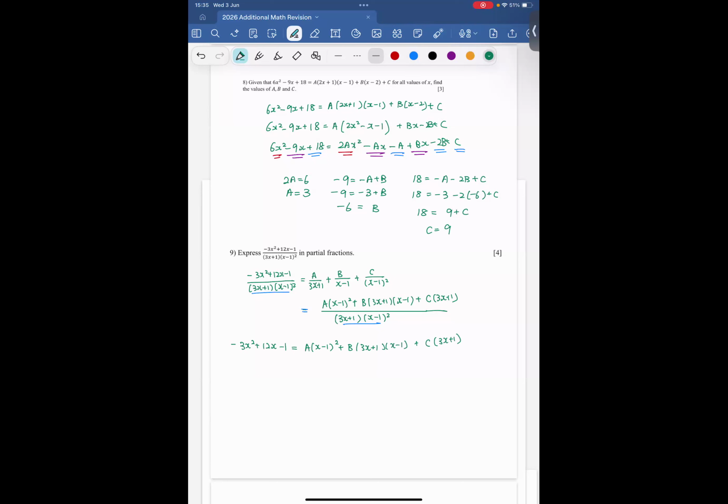Okay, from here, you just do your substitution. You will be able to find your a, b, c. After you find your a, b, c, remember to put them back into the partial fraction and conclude.